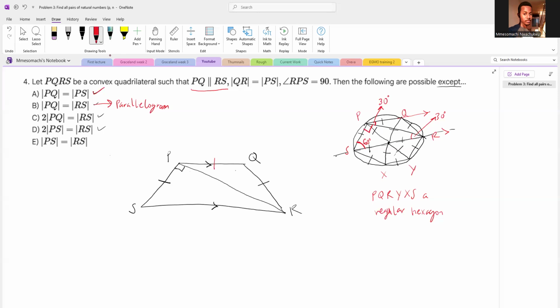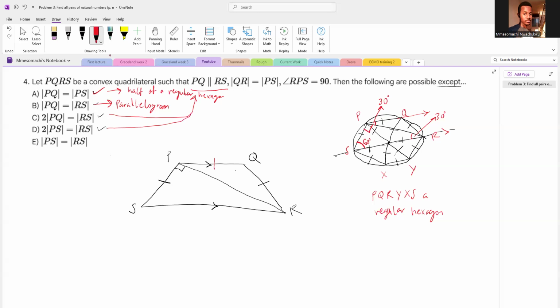And then for option C and option D, in half of a regular hexagon, you can see this hold. And then option B is a parallelogram.